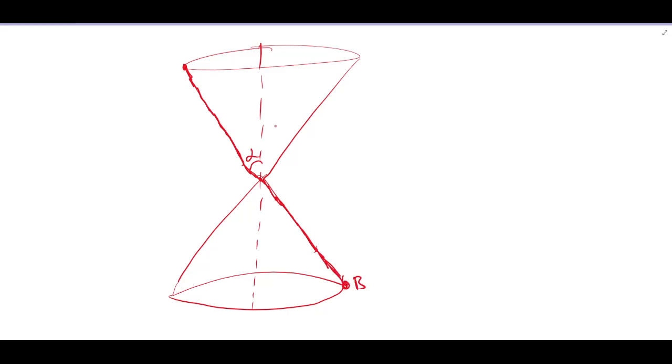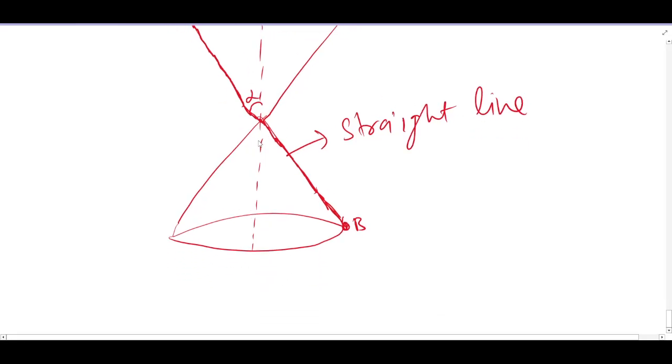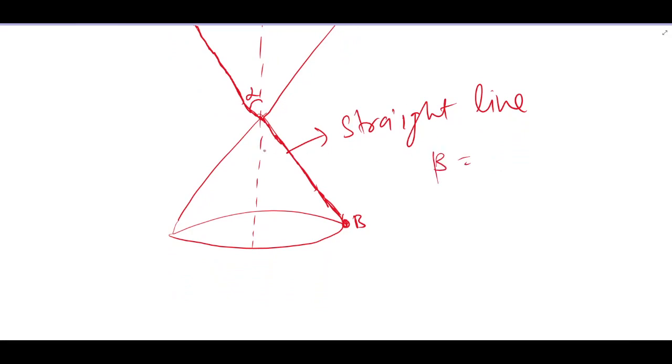So this is point B and this is point A. It will cut both the cones and the section will be a straight line, where beta is equal to alpha.